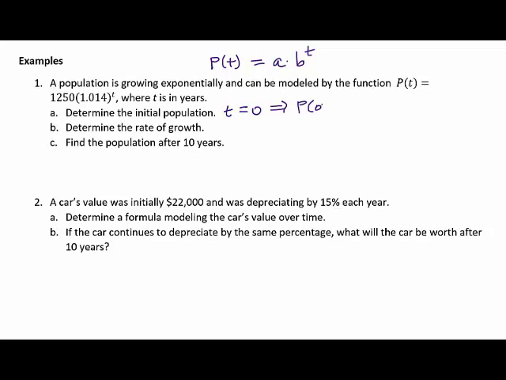We can find P(0), which is 1250 times 1.014 to the 0 power, but 1.014 to the 0 is just 1, and so we're left with 1250, which is in fact the value of a.